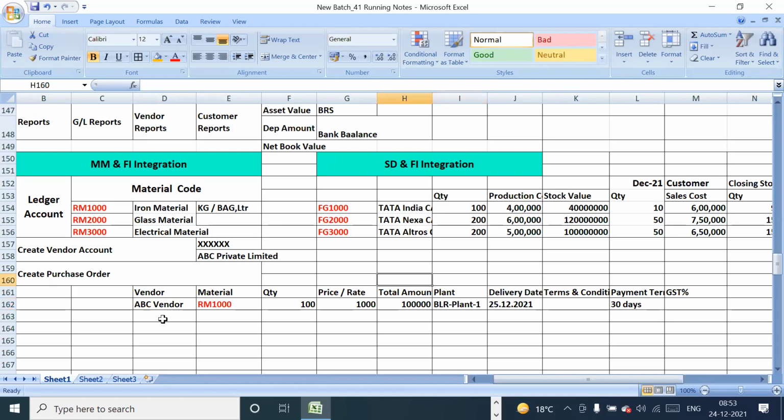Suppose my vendor belongs to Bangalore, and I am giving the order to my vendor. If I tell my vendor to supply the materials to my Bangalore plant, then which tax is applicable? CGST and SGST is applicable. If I tell my vendor to supply the material to my Hyderabad plant, which tax is applicable?